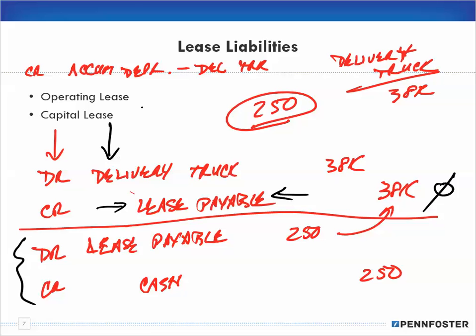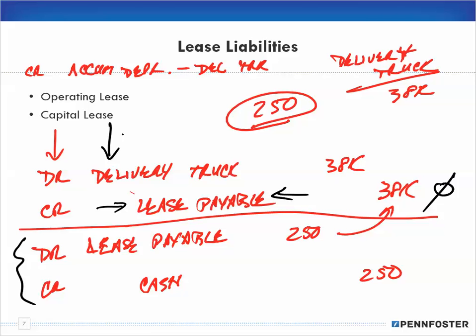Okay, but in the spirit of associating something so that it's easier to learn, you associate the normal operation of the business, well, rent expense. If it's for the operation of the business, it acts just like any other journal entry for the operation of the business as an expense.